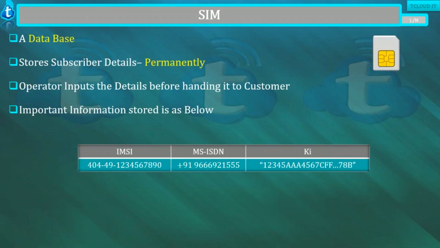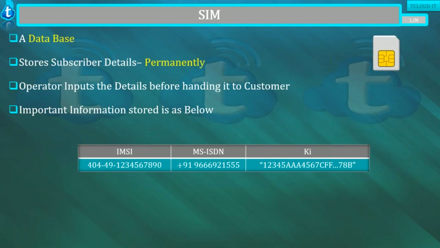Operator keeps these three important pieces of information. Of course, various other details would be there, but ignoring all the non-essentials, these are the three most essential pieces of information that get stored in your SIM card.